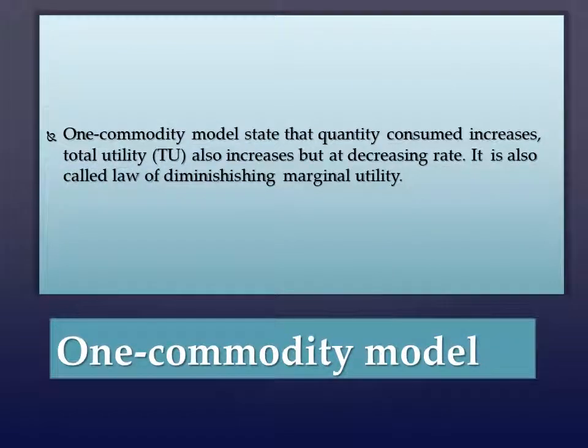The one commodity model states that as quantity consumed increases, total utility also increases, but at a decreasing rate. It is also called the law of diminishing marginal utility.